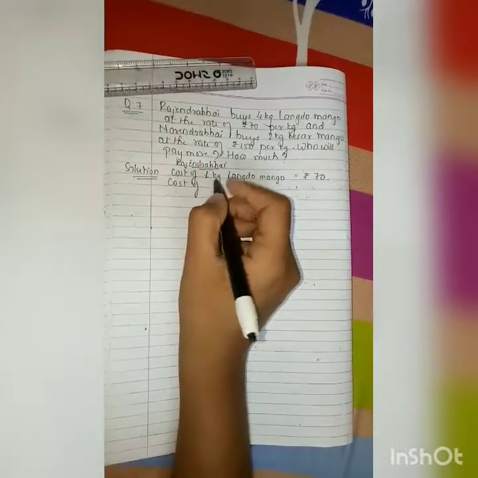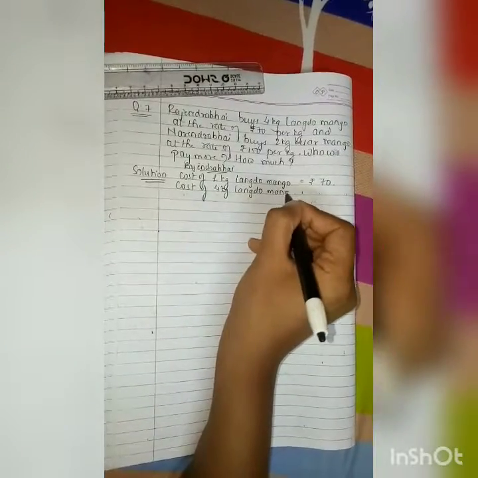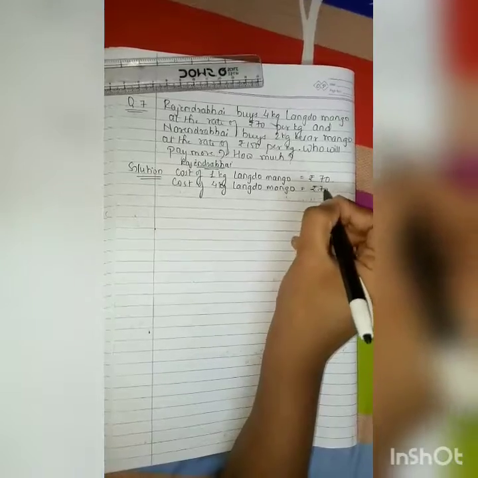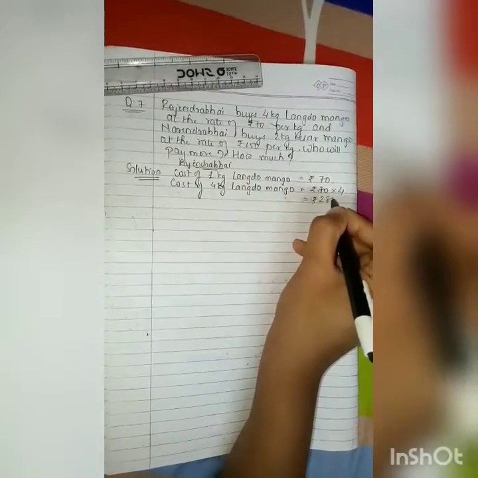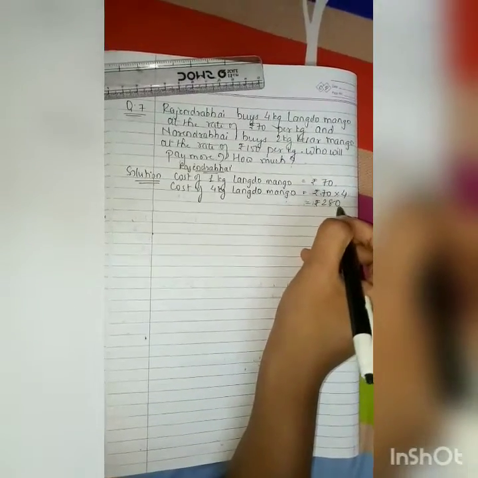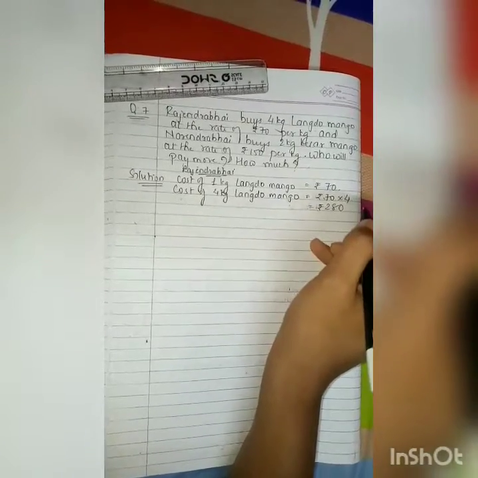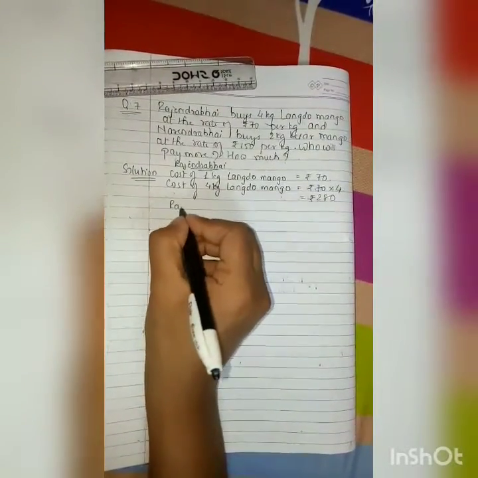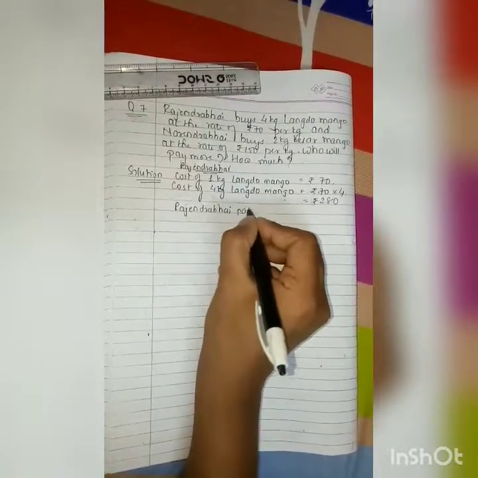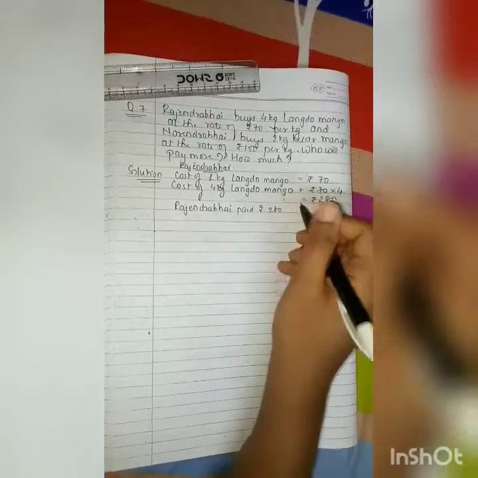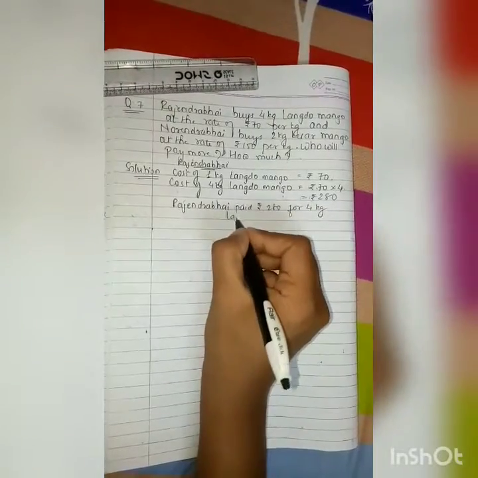Cost of 4 kg Langdo mango is rupees 70 into 4. So 7 4s is what? 28. So we will get 2 and 1 zero, so 280 rupees is paid by Rajendra Bhai for 4 kg mangoes. So Rajendra Bhai paid rupees 280 for 4 kg Langdo mango.